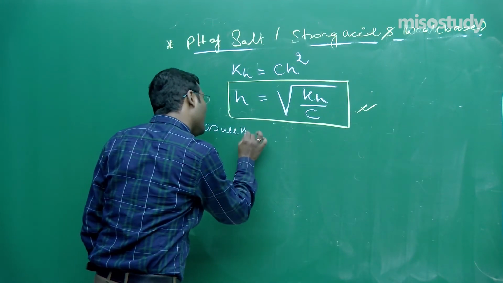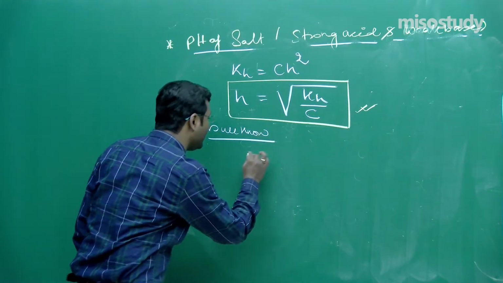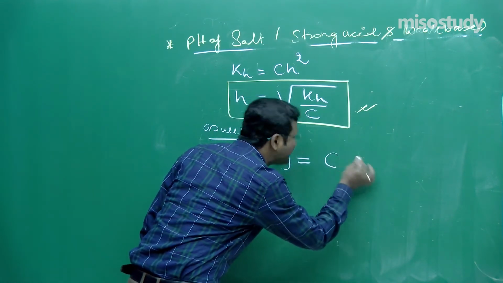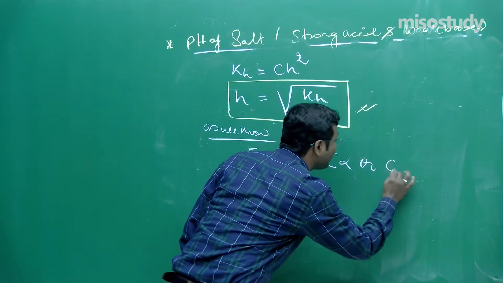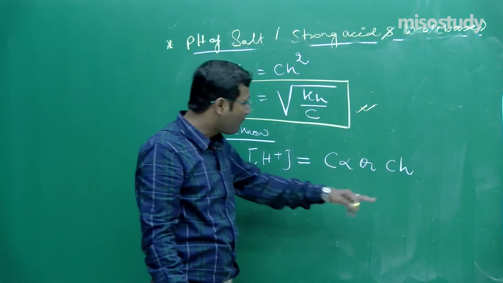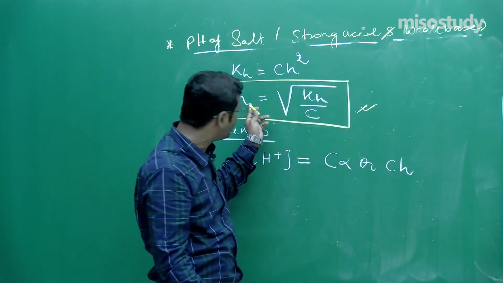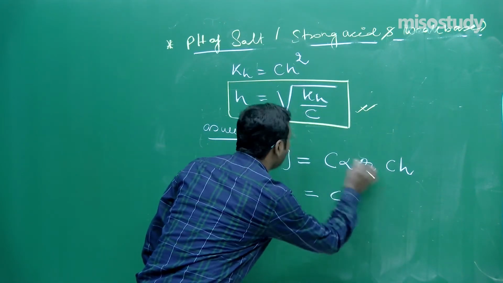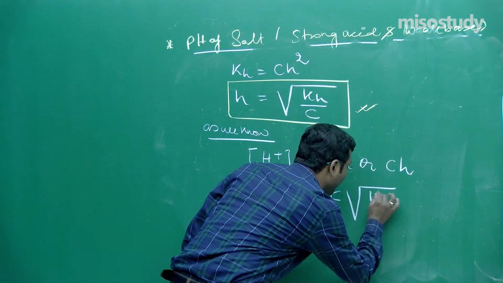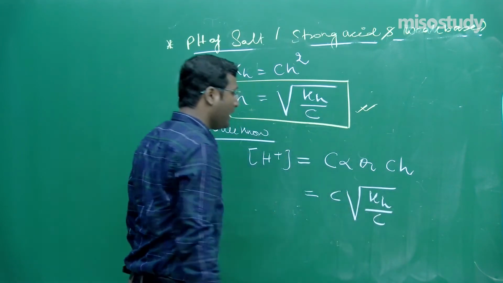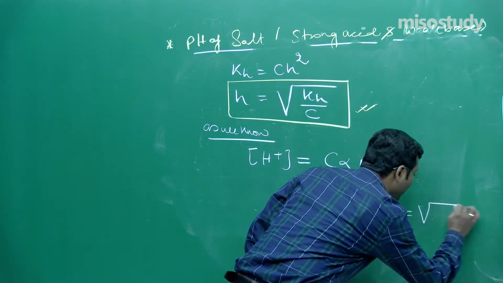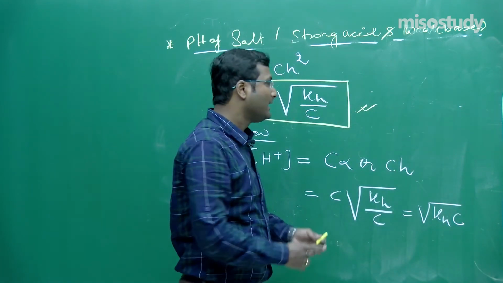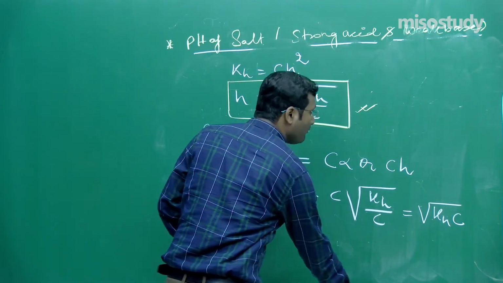As we know, according to the equation, the concentration of H plus ion is equal to C alpha, or you can say CH. Now put the value of H in this expression. Then we get C into root under Kh upon C. You can write root under Kh into C. Is it okay, friend?